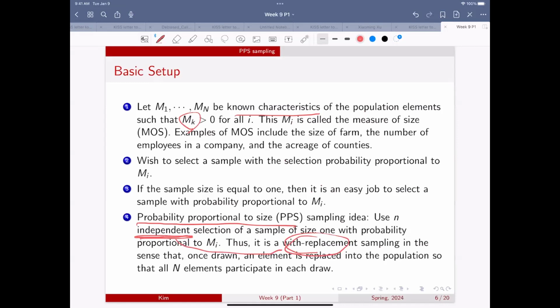It's with replacement in the sense that once drawn, all elements are replaced into the population, so that all the n elements participate in each draw.